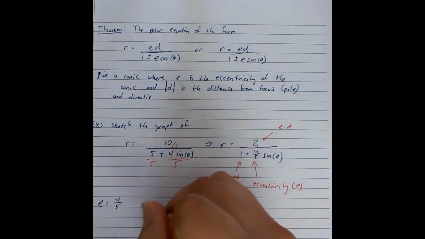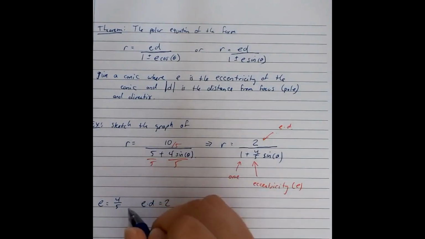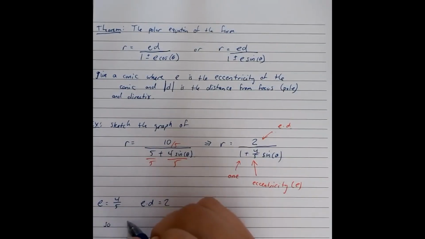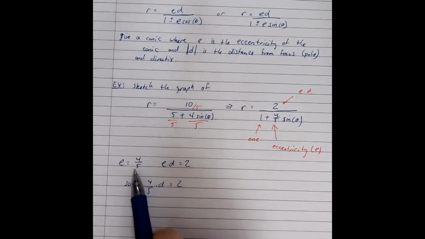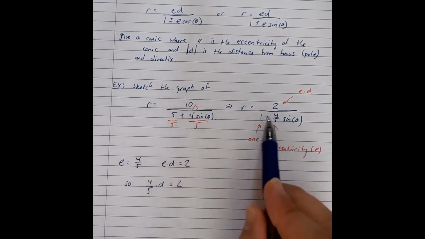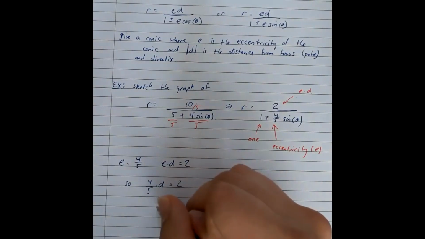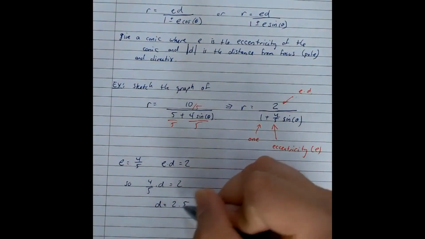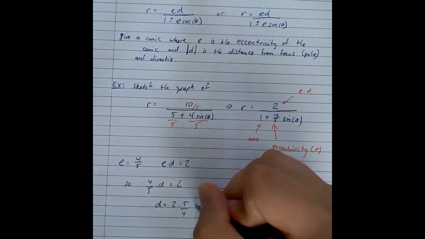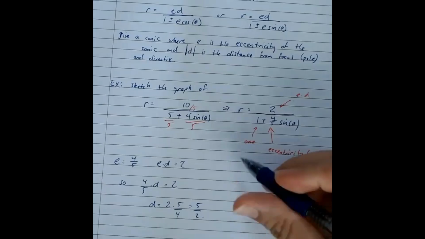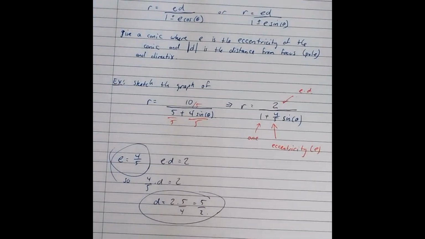Here I know that e times d is equal to 2. If I put those together, that just means that 4/5 times d is equal to 2. That's my numerator. And so if I multiply both sides by 5 over 4, I get d is equal to 2 times 5 over 4, which will give me 5/2. So here I find that my eccentricity is 4/5 and my value of d is 5/2.